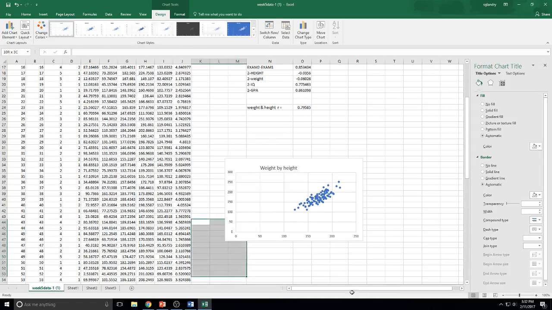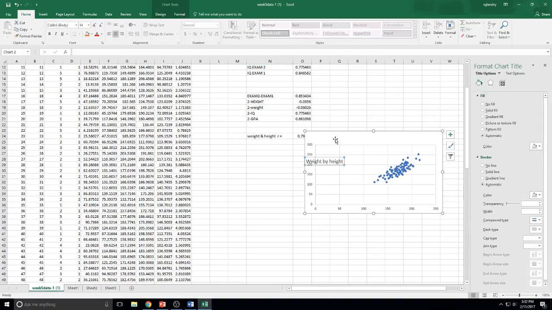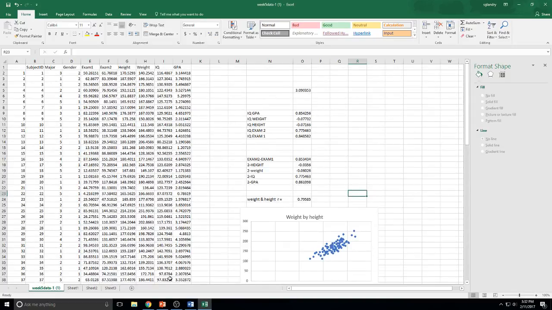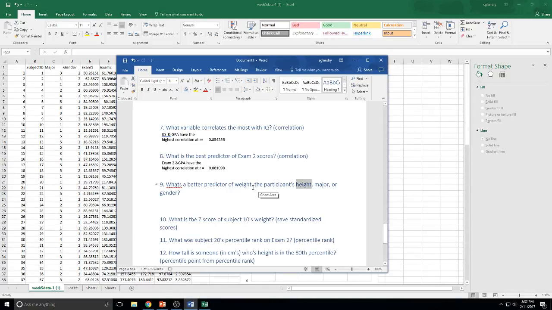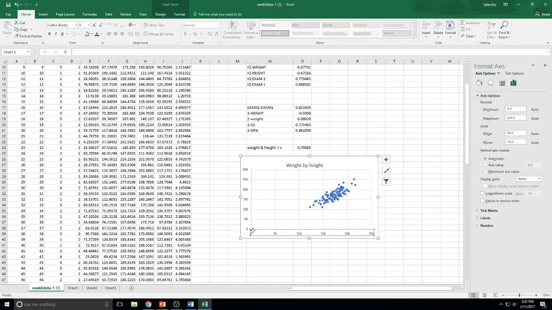If I wanted to, I could label these axes, which I should, but I'm not gonna. So we know that's pretty good, with a correlation of 0.8. If I wanted to draw a line representing the relationship, it'd be pretty much a straight line right through there.